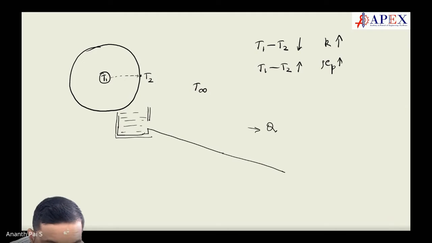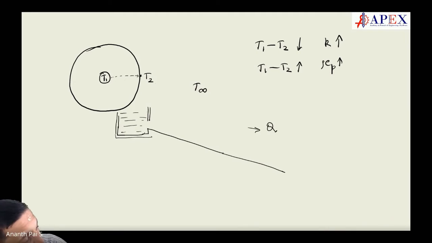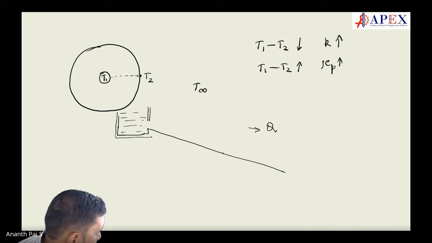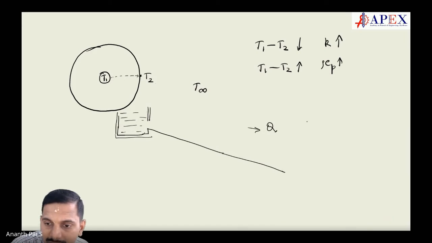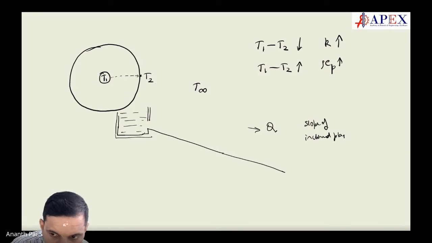The conductivity, how fast it is coming down, shows how good the slope is. So the slope of the inclined plane is analogous to conductivity.